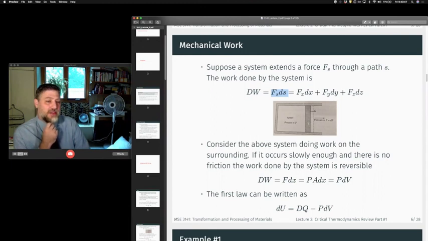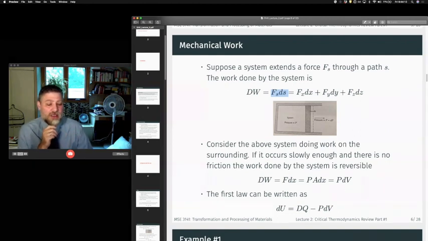Exerting pressure on this, force on this piston, which is then moving it, and it's doing work on the surroundings here, right? If this occurs slowly enough and there's no friction, right, this is going to be reversible, and our work, our differential in work is just going to be PdV, right?